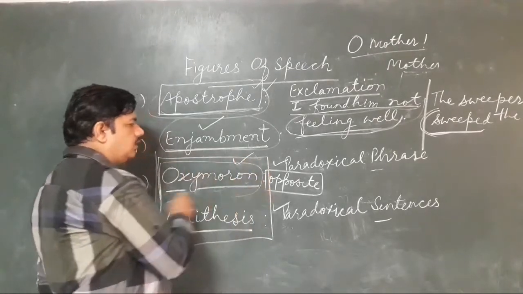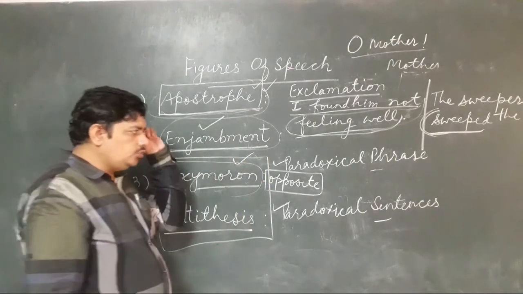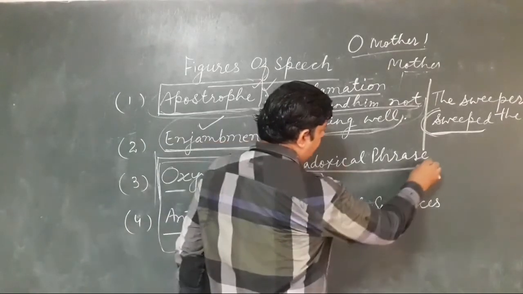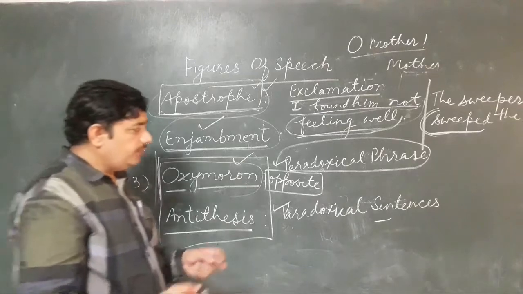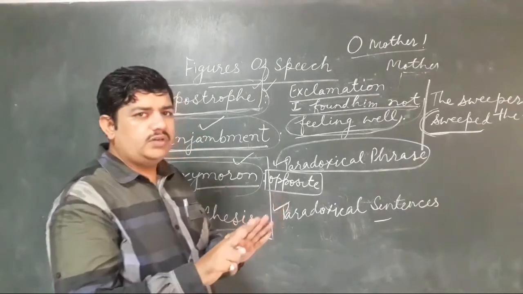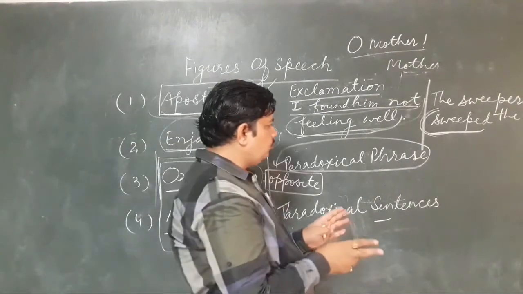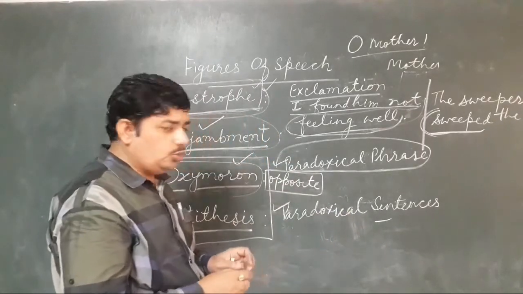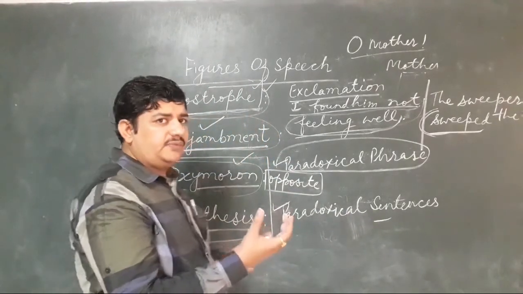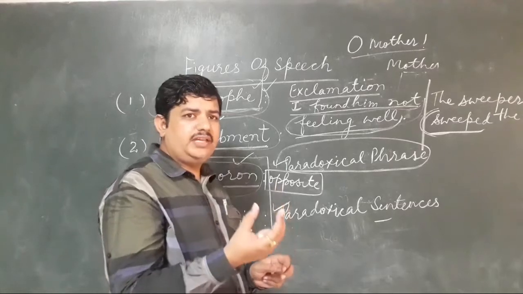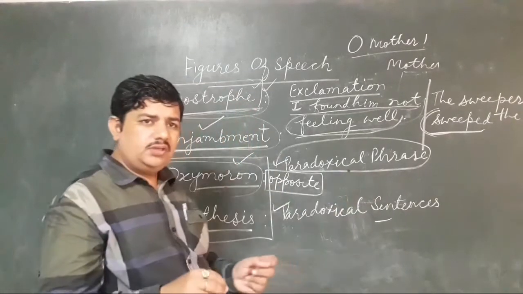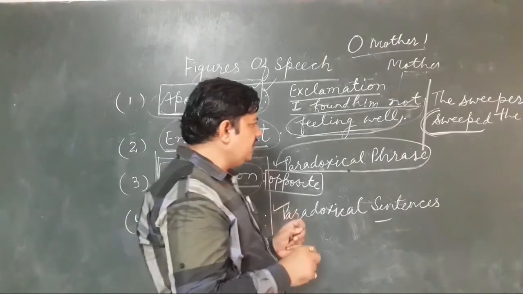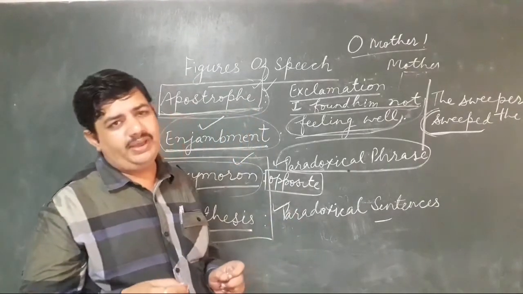See oxymoron. I have written the words "paradoxical phrase." When you find two words used in a way that they become a phrase, it's a phrase of two opposite words used quite effectively to create some kind of magic.